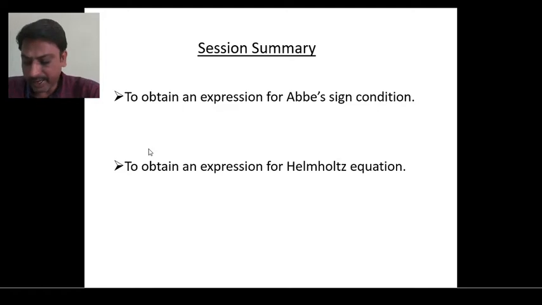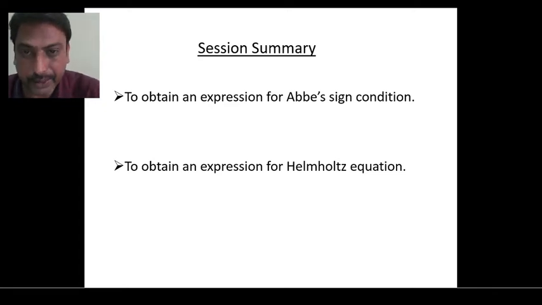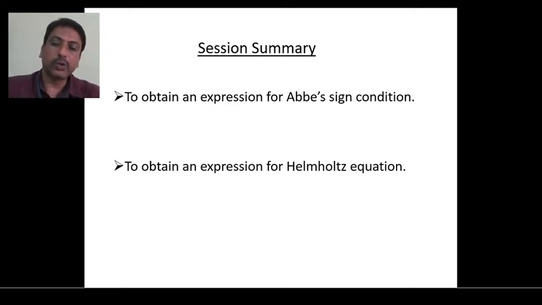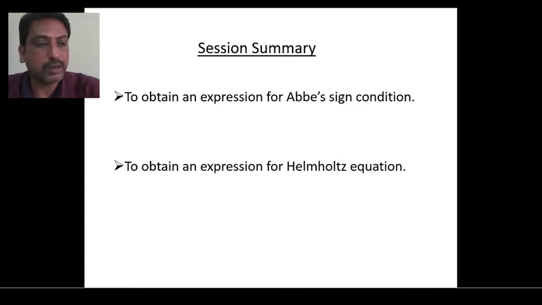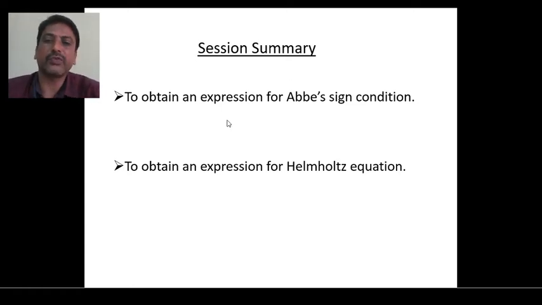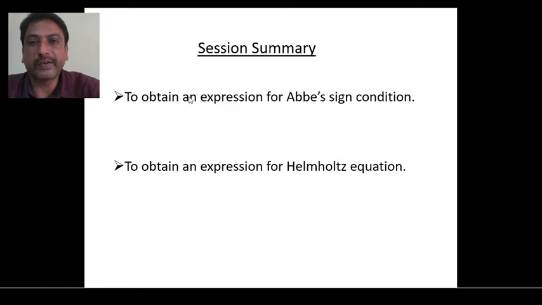So when this condition is not satisfied, the refracted rays will not have a common point of intersection. It means the image of an axial point object will not be a point image. So the departure from the ideal point image is termed spherical aberration. I repeat once again, spherical aberration is going to come in case of spherical surfaces.